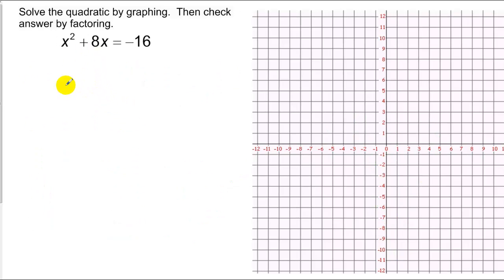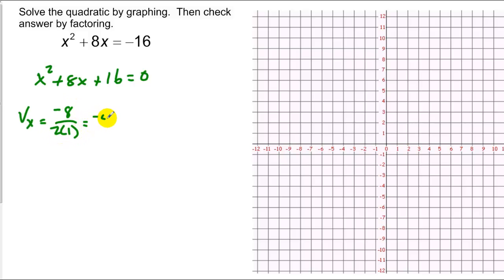So let's take a look at this next quadratic. I have x squared plus 8x plus 16 is equal to 0. Again, I'm going to find the coordinates of the vertex by taking negative b over 2a, giving me negative 4. vy I'll get by plugging this negative 4 back into the quadratic, so that's negative 4 quantity squared plus 8 times negative 4 plus 16.